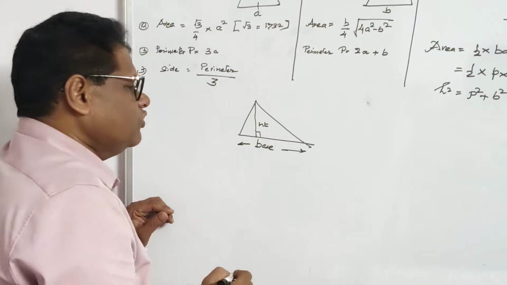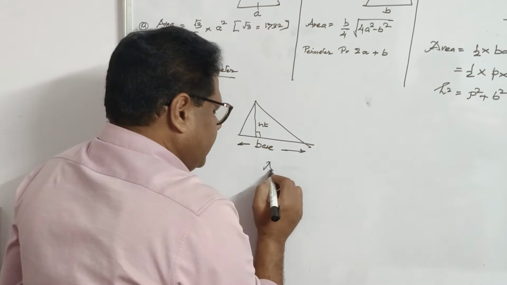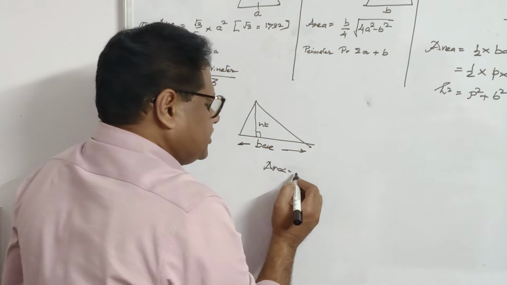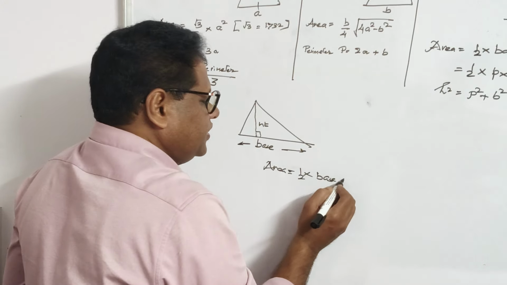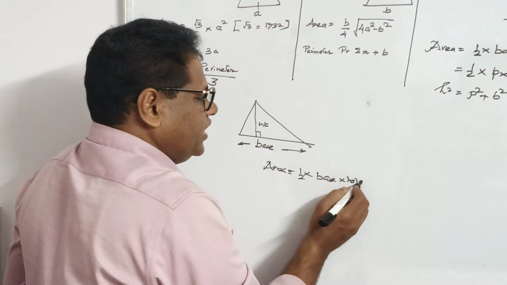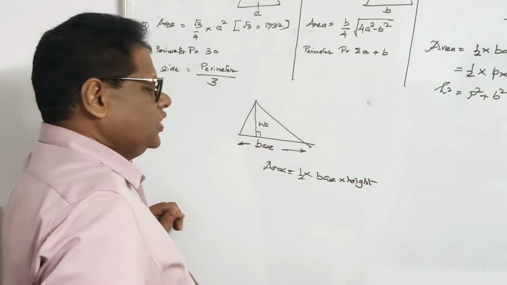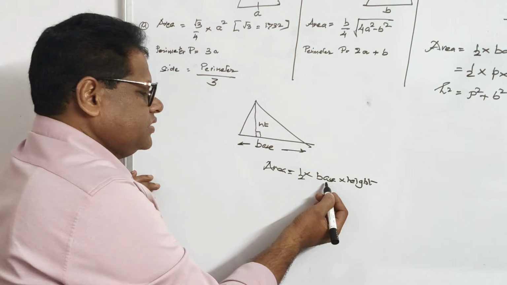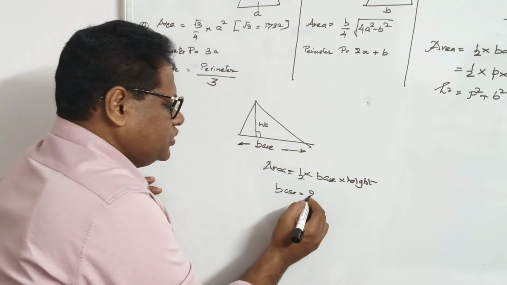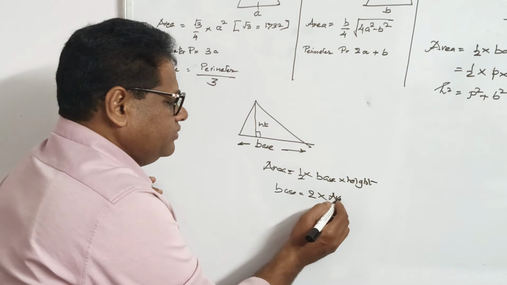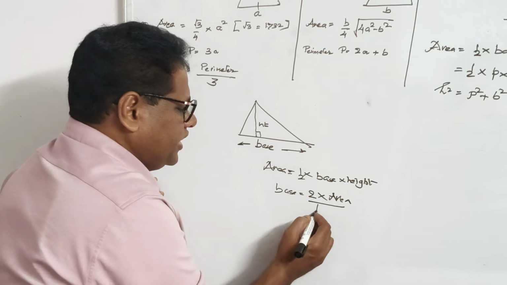So for this type of triangle, we have the area expressed as half into base into height. Now supposing you want to get the base, and height and area are given. You can apply the formula base equals 2 into area divided by height.